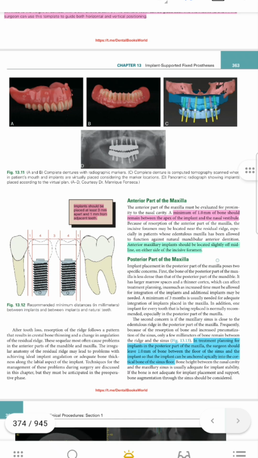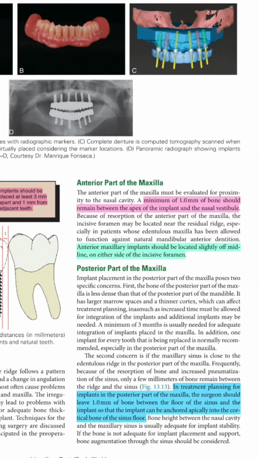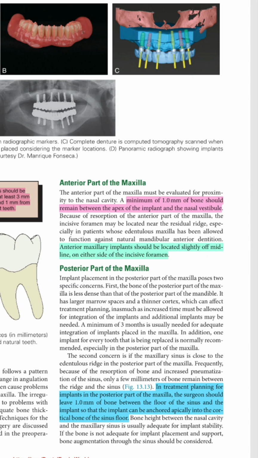Now, for general considerations during the implantation, we must maintain 3 millimeters between each adjacent implant, and at least 1 millimeter between the implant and the natural teeth adjacent to it. For the anterior part of the maxilla, there should be a minimum of 1 millimeter between the apex of the implant and the nasal vestibule.